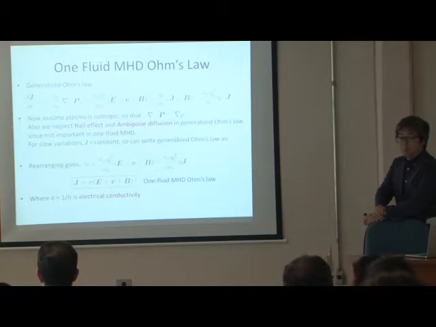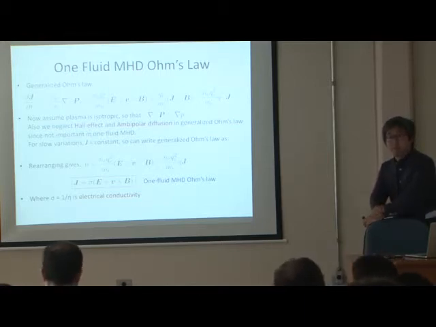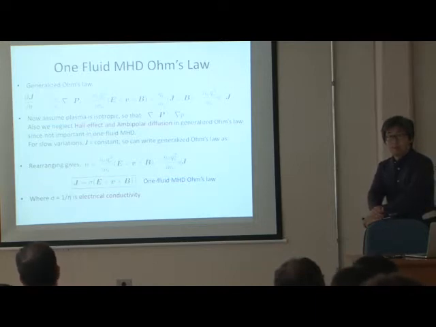That equation implies the approximation of phase neutrality, right? The two approximations: conservation of the center of mass velocity, which is dominated by the ion part, plus the charge neutrality condition.